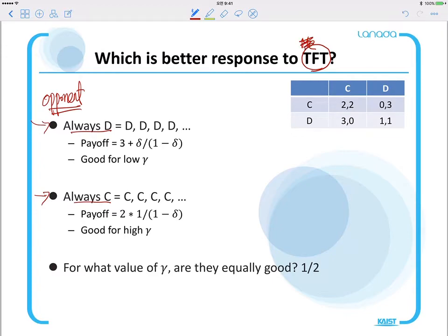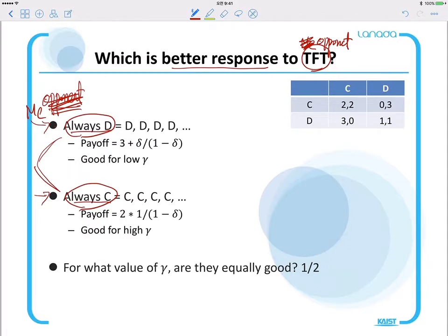I assume that I have these two strategies, always D or always C, and I'm going to choose whichever is the better response. Better response means the strategy that gives me a higher payoff.